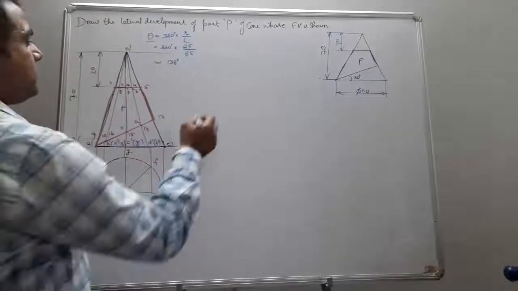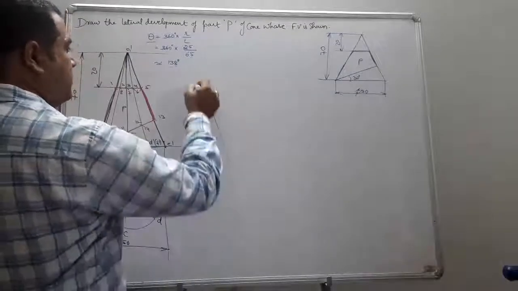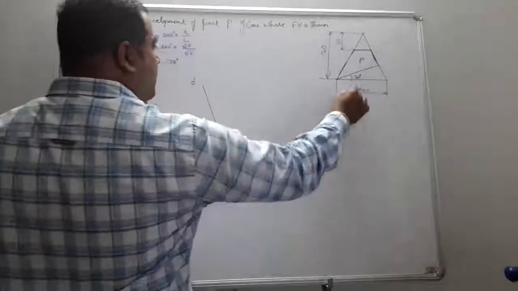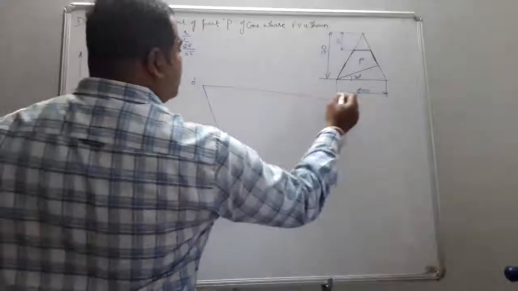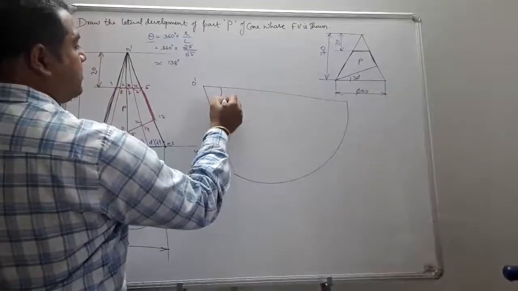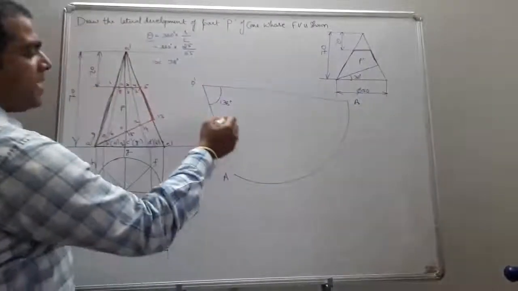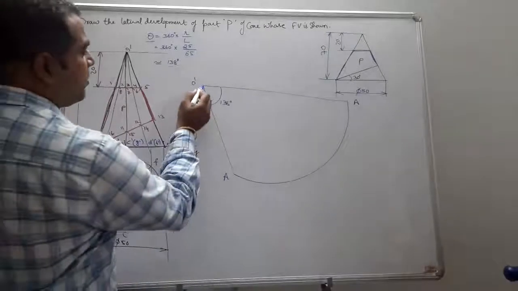So this one is O dash and it is A. I draw an arc such that this becomes 138 degrees. Again, this is A. How many equal parts should I make this sector into? 8.